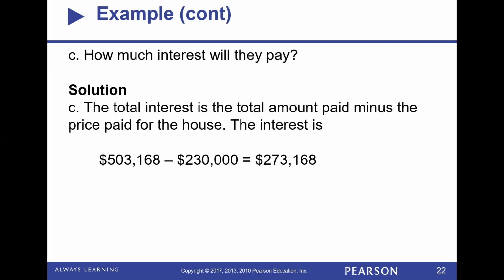It was $230,000. So if I take how much I actually paid, again, this was literally the loan repayment plus the down payment. This here was our actual house price.